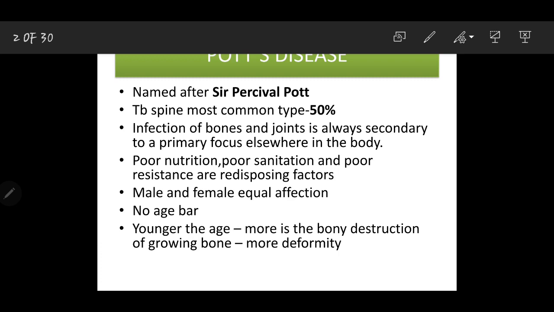Younger the age, obviously, since the bones are still in the developing stage, whether in the spine or in any bone, if a pediatric age group is affected by tuberculosis, the damage is more because more of the cartilage gets damaged, and it will result in a deformity as the child grows and attains skeletal maturity. So younger the age, more is the bony deformity.